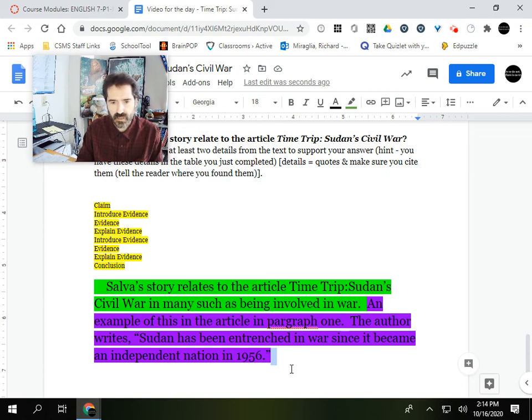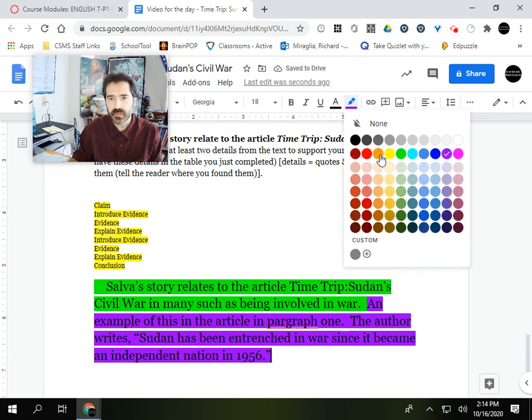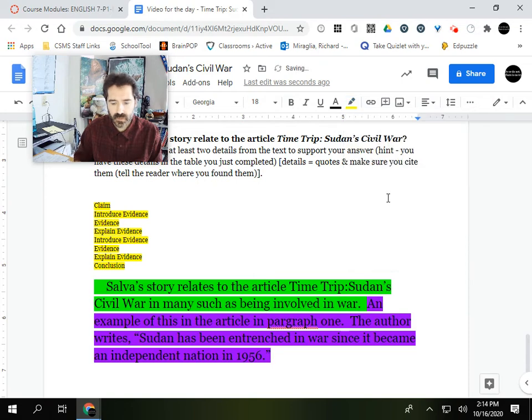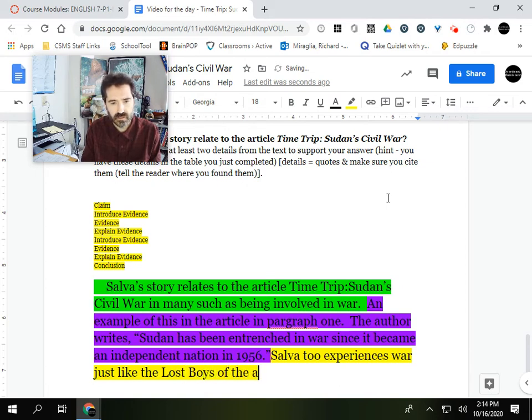So I can change colors and say, Salva too experiences war just like the lost boys of the article. Salva is a lost boy. I mean, that's why the comparisons are so close.